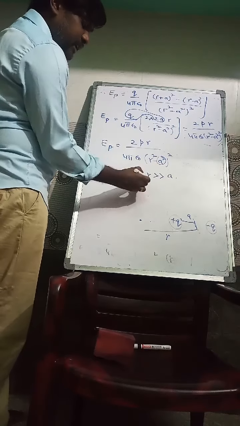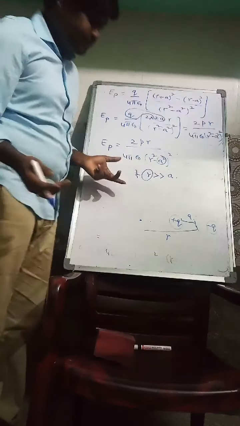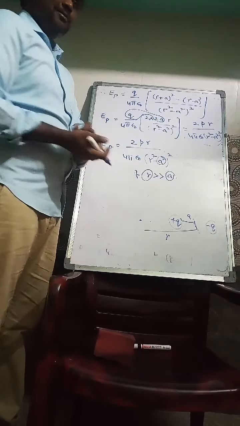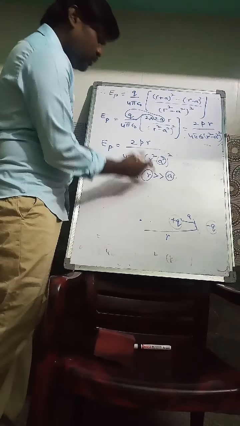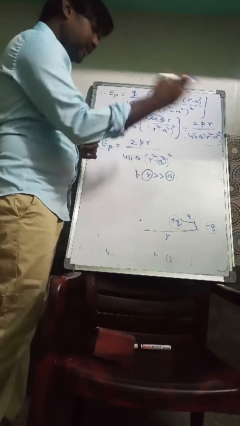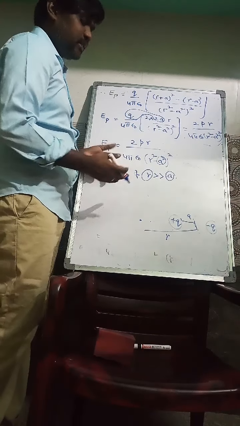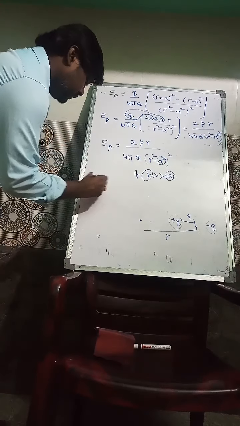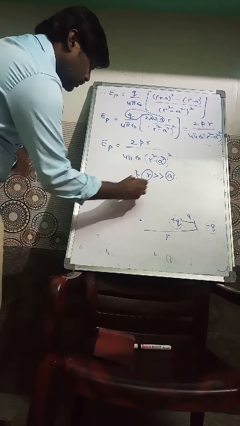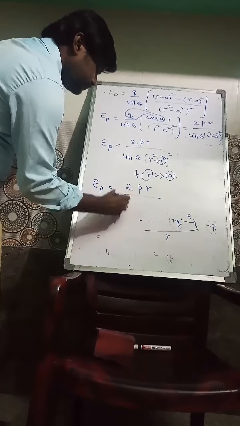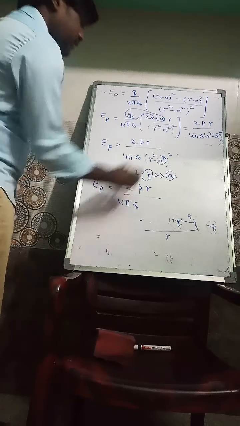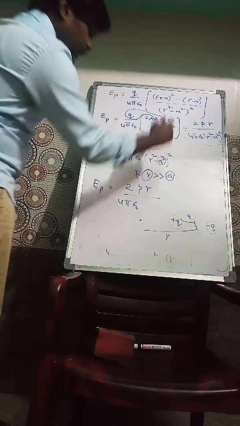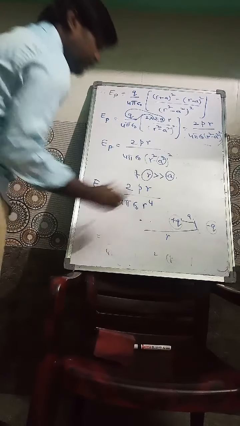R is very much greater, like an ocean of water, and A is like one bucket of water. If you add one bucket of water to the ocean, or take a bucket of water from the ocean, the water level will not change. So here EP is equal to 2PR by 4 pi epsilon naught, with A square neglected. So R square into R square is R power 4.